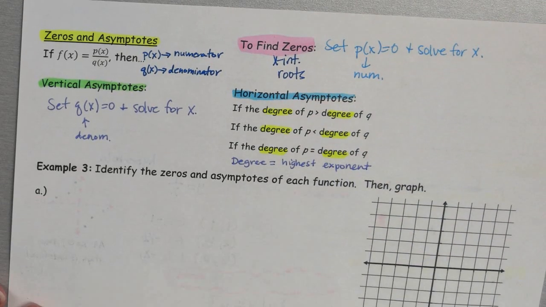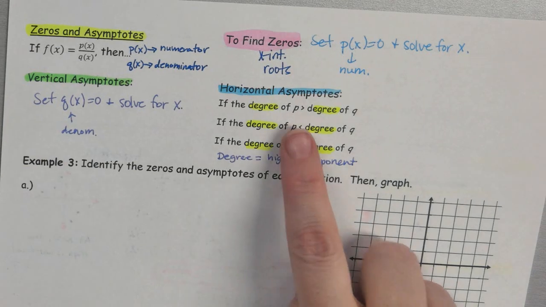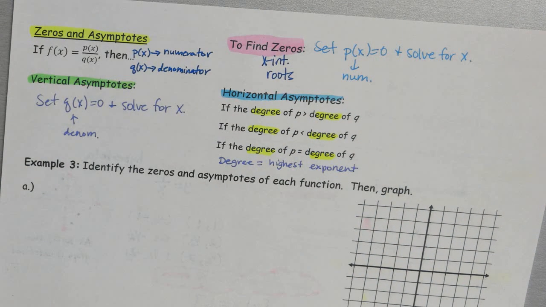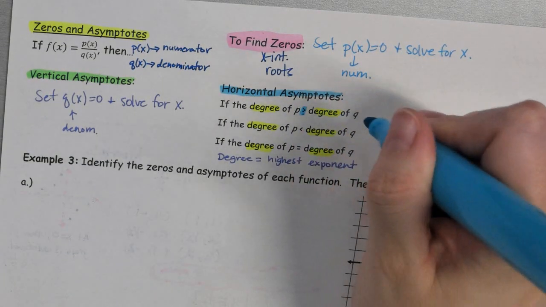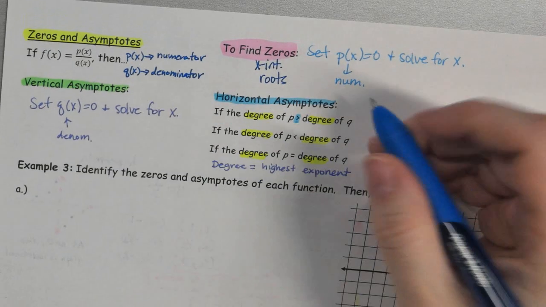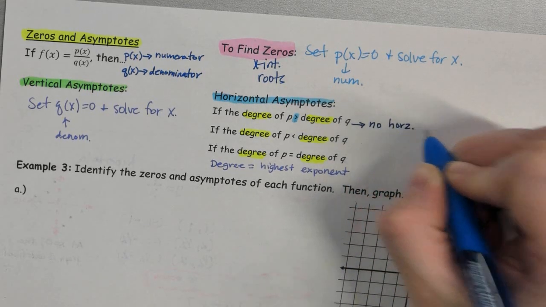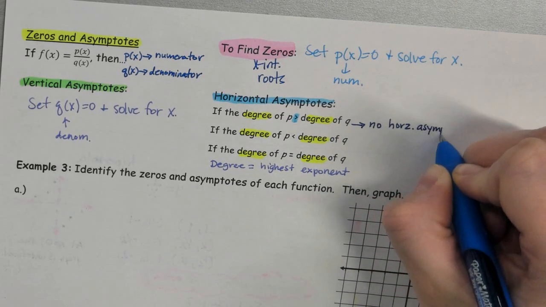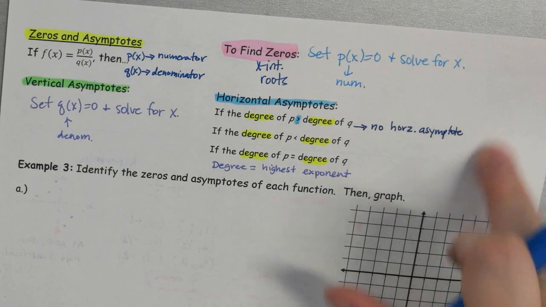So what we're going to look at is the degree of p and the degree of q. If the degree of p is greater than the degree of q, what that means is there is no horizontal asymptote. Leave yourself some room here because we're going to do something else here.